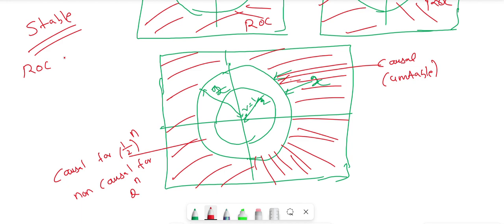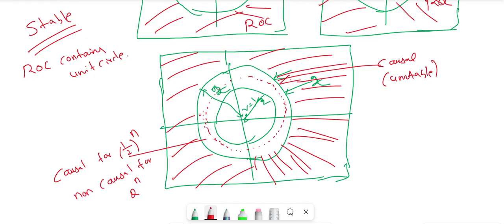If ROC contains the unit circle. So actually this is the unit circle, we'll take this.